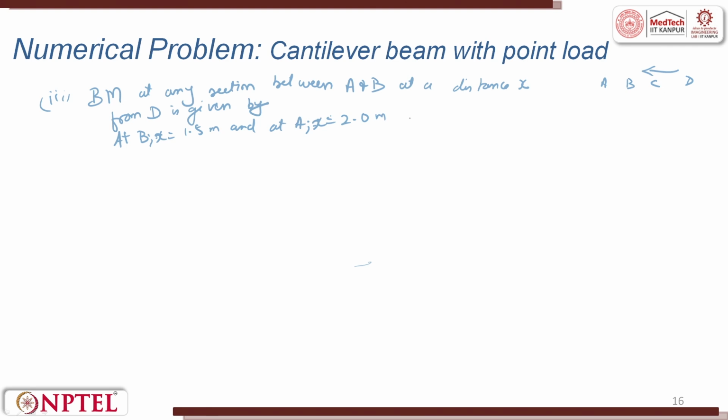So, you are varying between 1.5 to 2 meters, right. So, Mx will be minus 800 x minus 500 into x minus 0.8 minus 300 into x minus 1.5.